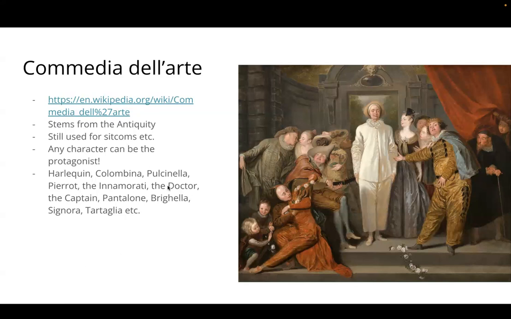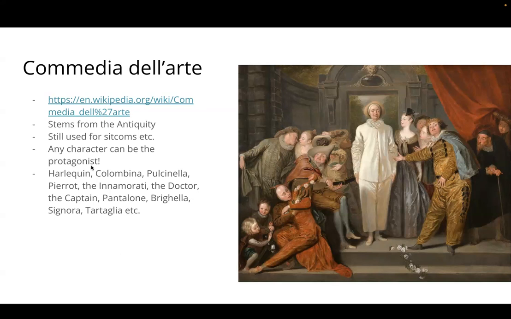So the doctor can also be a professor or somebody who's learned and quite high up in hierarchy. And he can be really old or he can be middle-aged. So this might be the typical doctor character here.